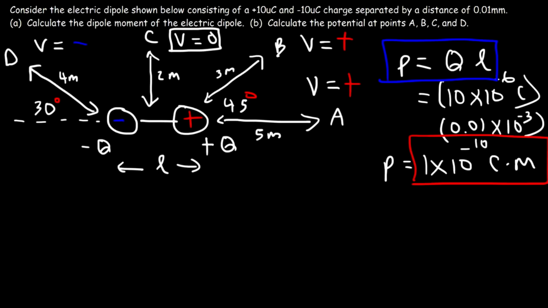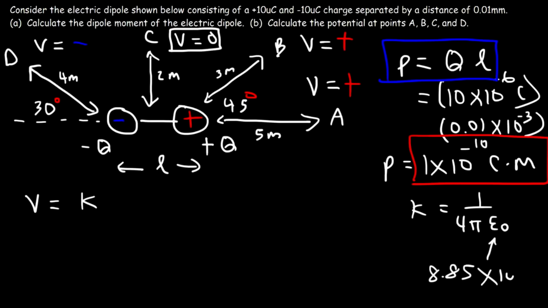Now, here's the formula that you need to calculate the electric potential. It's going to equal K, where K is 1 over 4 pi times the permittivity of free space, and this is 8.85 times 10 to the negative 12. But K itself is like 9 times 10 to the 9 if you round it.